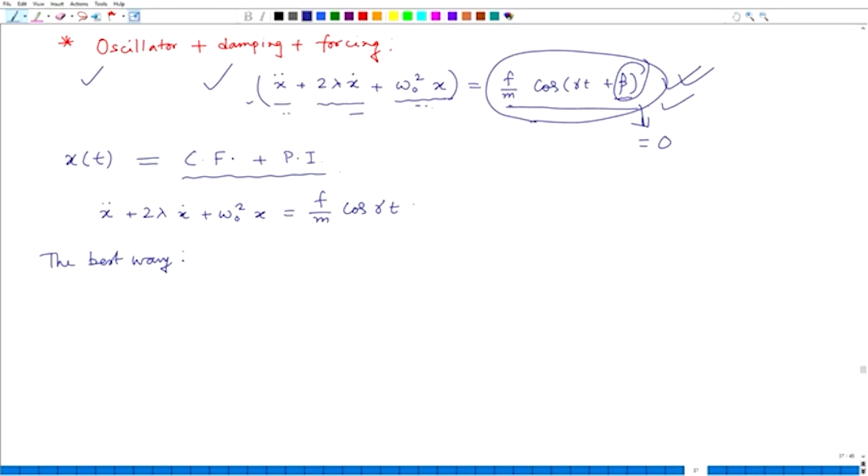So, I can write z double dot plus 2 lambda z dot plus omega 0 square z is equal to f by m simply e to the power i gamma t.